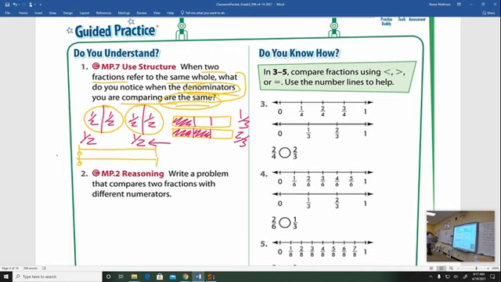And what does it mean? Who wants to tell me? Come on, I'm going to call somebody out. Bruce? What does it mean when the denominators of the fractions you're comparing are the same?